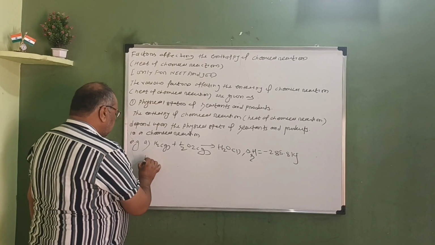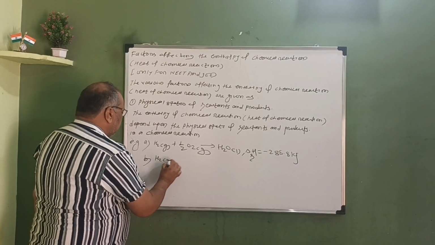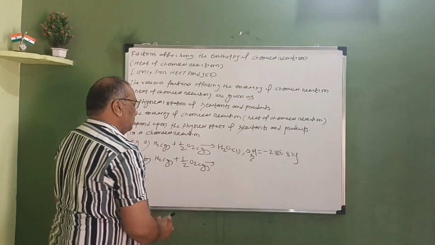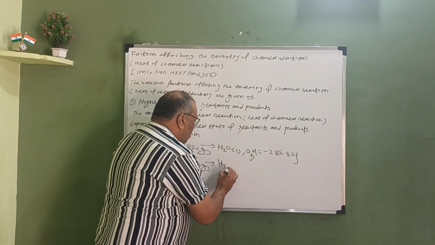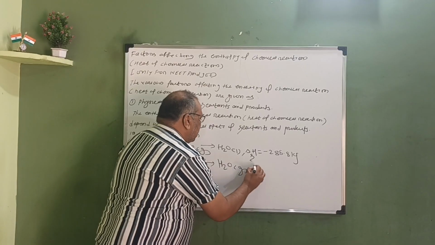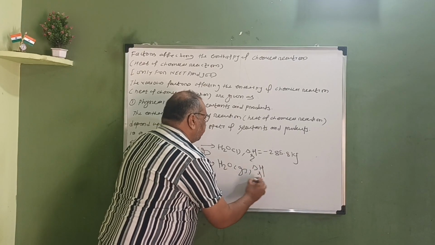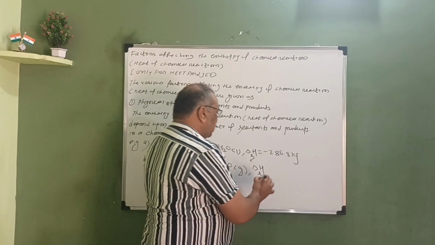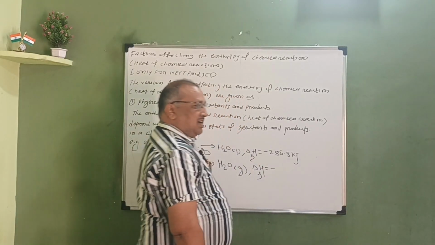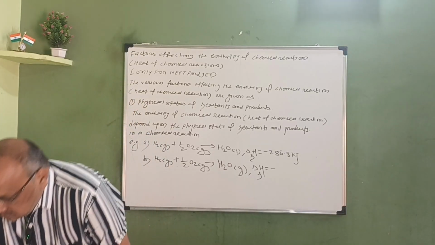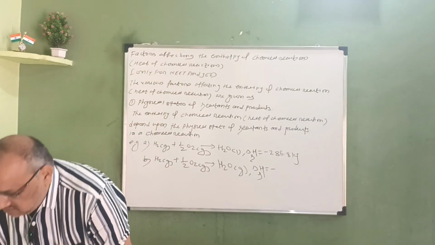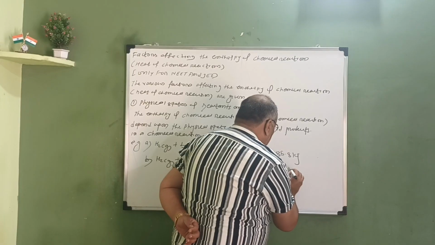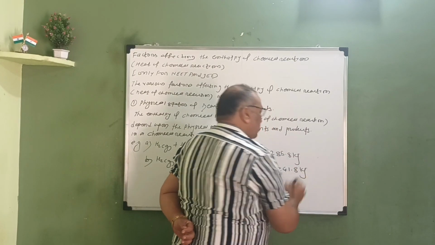Second, H2 gas plus half of O2 gas gives H2O gas, and here change in enthalpy delta H equal to minus 241.8 kilojoule.